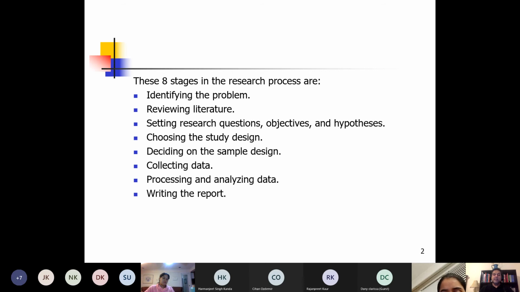So now it comes to the objectives. The objectives means what do I need to find? I need to answer the question. Okay, but which kind of information I'm searching for? Am I searching for quantitative information or I'm searching for qualitative information?